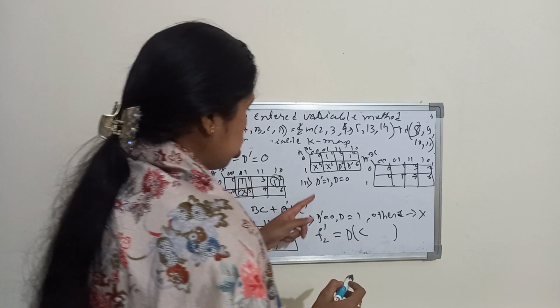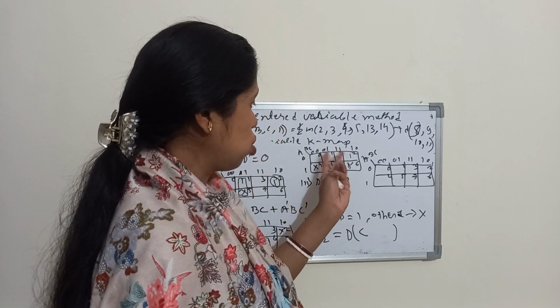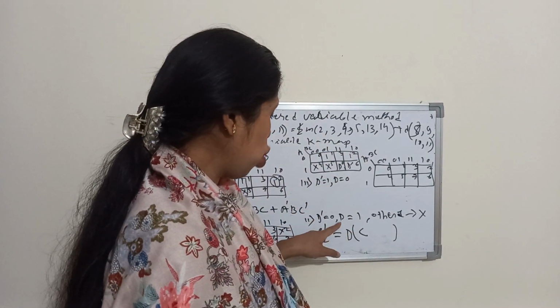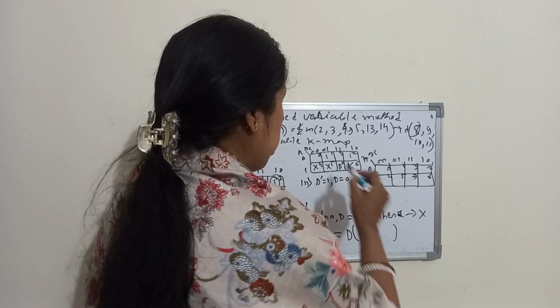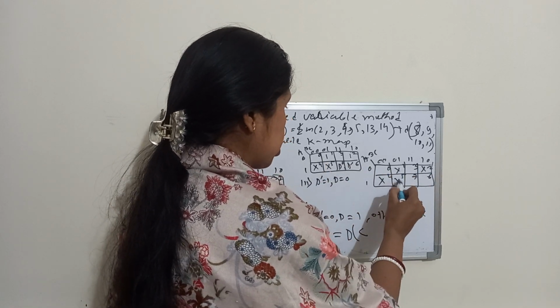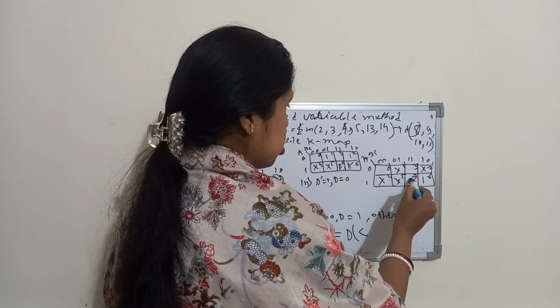The same condition. With consideration of this one also, the other x 1 should be replaced with x, and d prime is 1 and d is 0. Opposite to this condition, right? So here the other x 1 should be replaced by x, and x and x remain the same. D prime is 1 and d is 0.